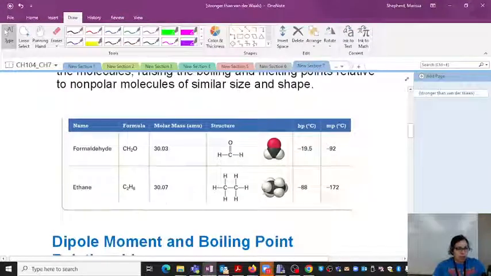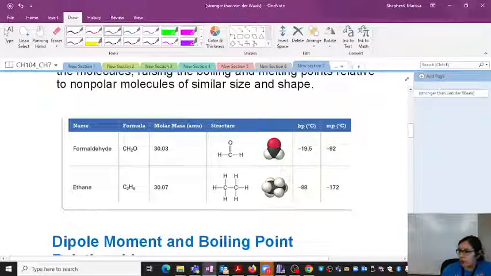And so what they mean by that is if we just compare formaldehyde and ethane, so different formulas, but their molar masses are about the same. So we might expect them to have similar boiling points, except that the boiling point for formaldehyde is negative 19.5, versus ethane, that's negative 88 degrees Celsius.